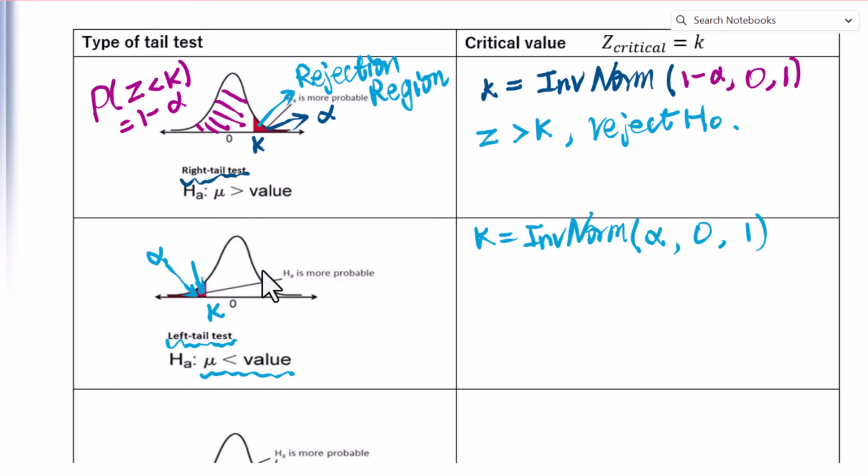This area is also called the rejection region. When z is in this region, reject H0. So when z less than k, reject H0.